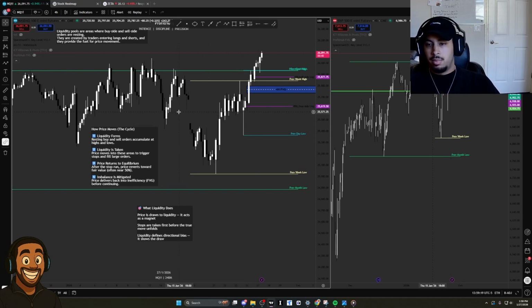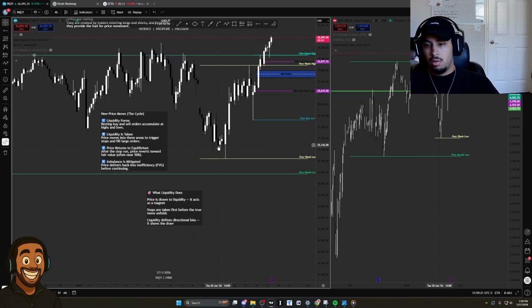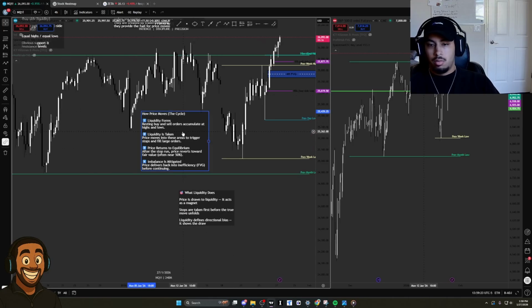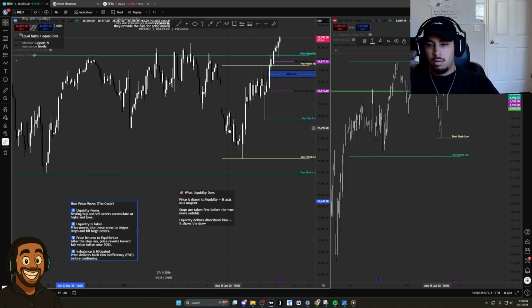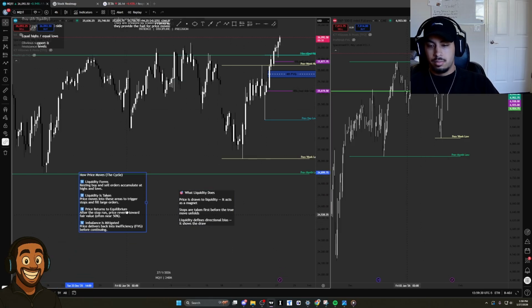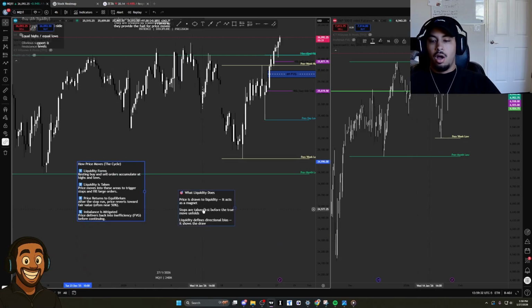So we're going to end up taking some swing low and then displacing higher. Stops are often taken first before the true move unfolds, and liquidity defines directional bias. It shows the draw.